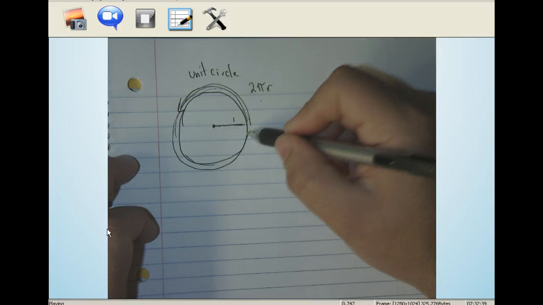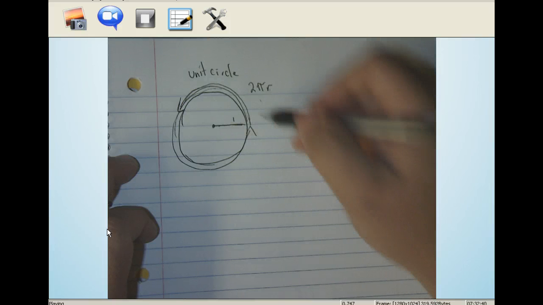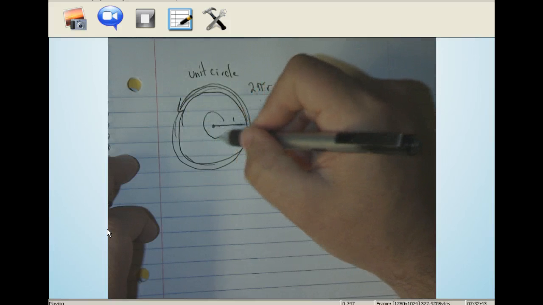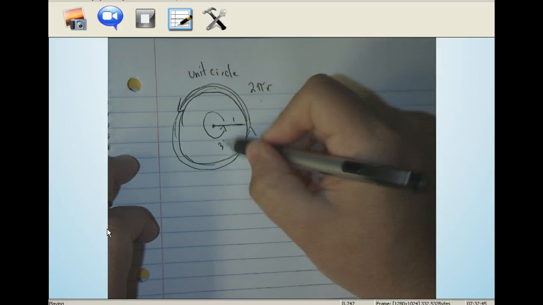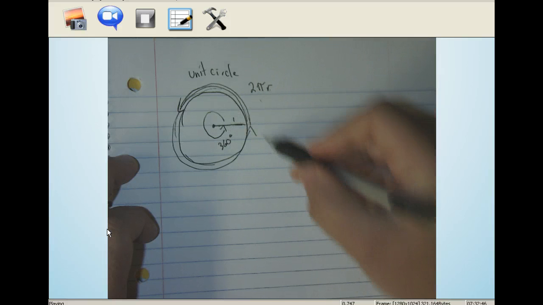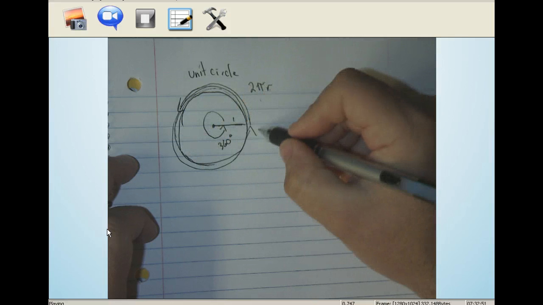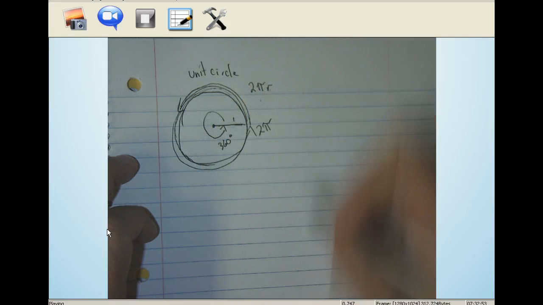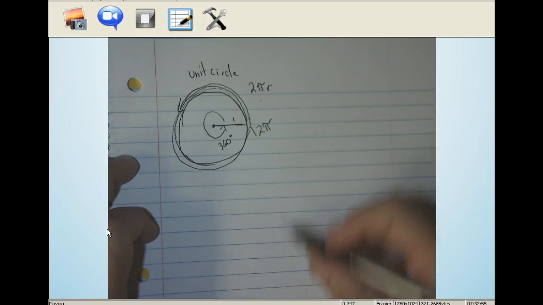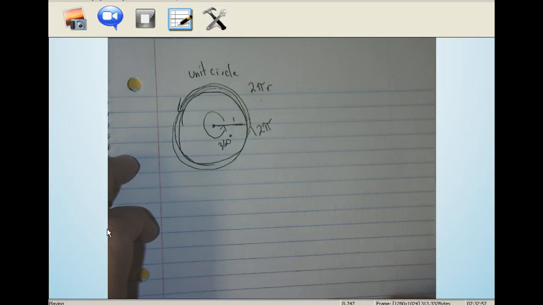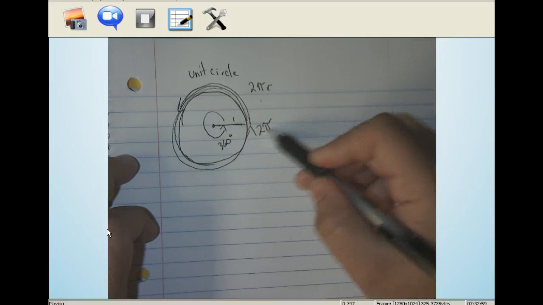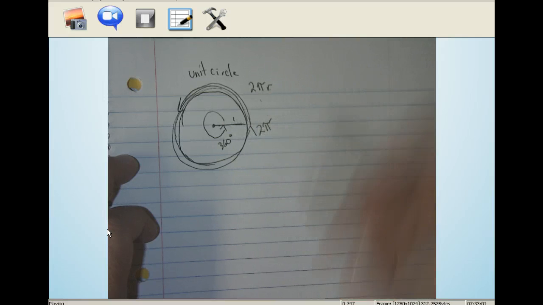It equals 2 pi, which, if we think of that before, is 360 degrees, but the distance traveled around this unit circle is exactly 2 pi units. Okay, if this is 1 meter, then it's 2 pi meters. If this is 1 mile, it's 2 pi miles. If it's 1 centimeter, it's 2 pi centimeters.